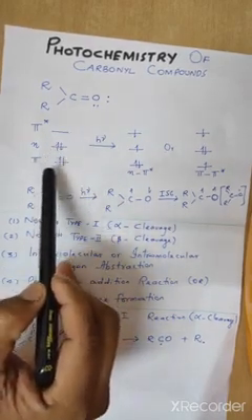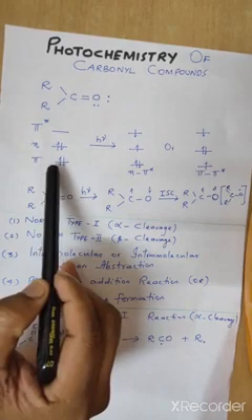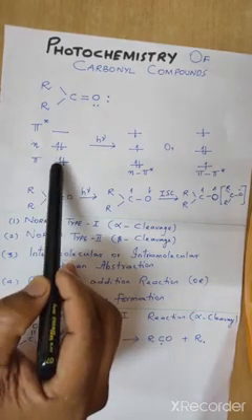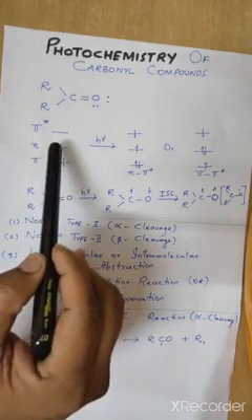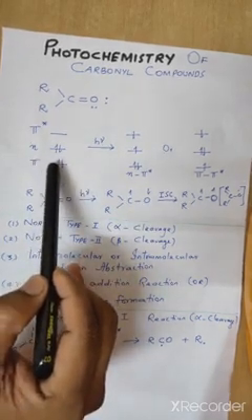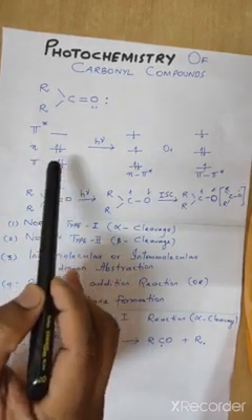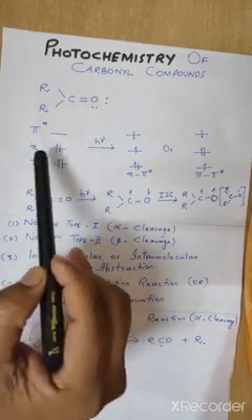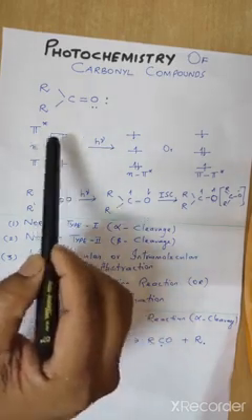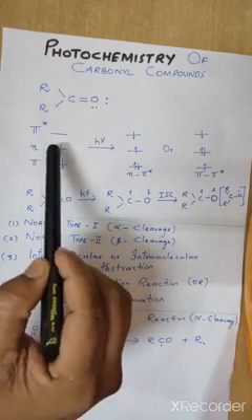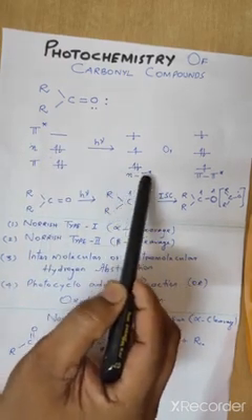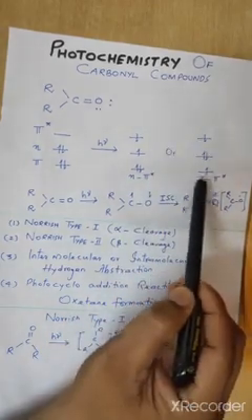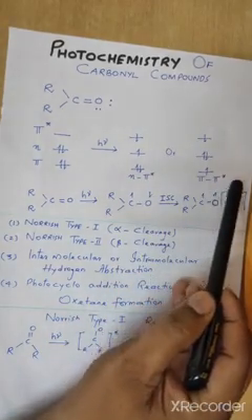Another possibility is that one electron in the pi electron orbital goes to pi star, and this one is pi. This requires higher energy. So we can say that two types of transition will occur: n to pi star transition or pi to pi star transition.